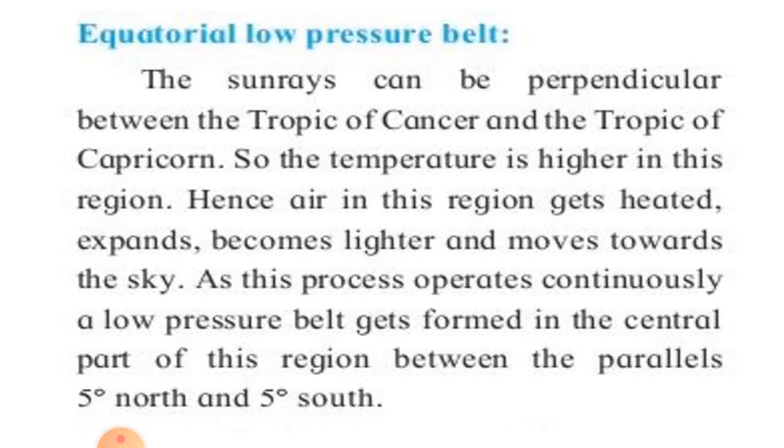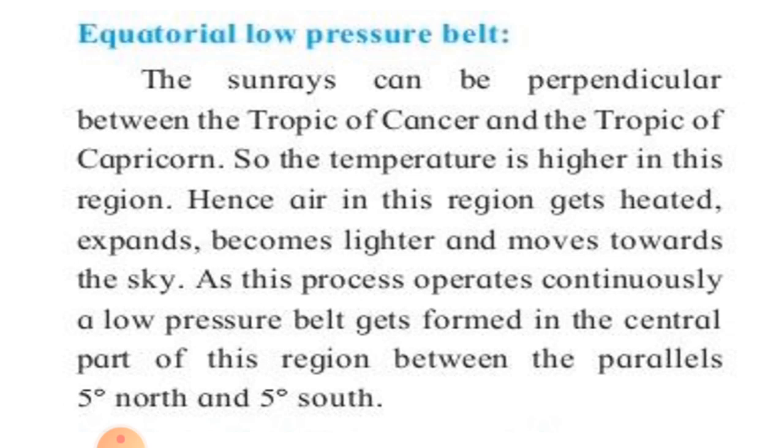Now let us learn about the equatorial low pressure belt. The sun's rays can be perpendicular between the Tropic of Cancer and the Tropic of Capricorn. So the temperature is higher in this region. Dear students, sunrays can be perpendicular between the two tropics, the Tropic of Cancer and the Tropic of Capricorn, so the temperature is higher in these regions.